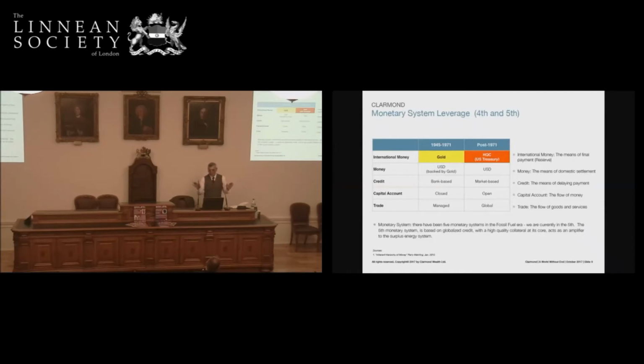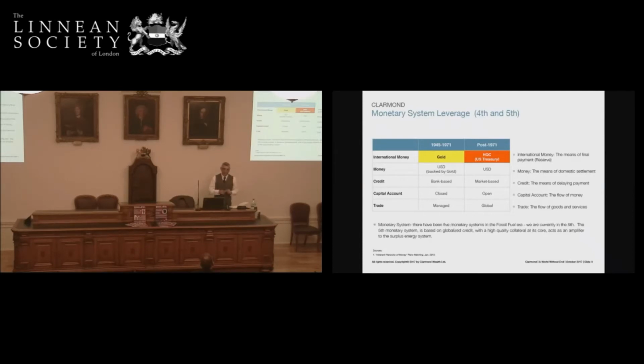It was accepted everywhere, and it was your final means of payment. International money is your final means of payment, and there's usually one. We can go back: it used to be the pound in the early 1900s. Today, it's the dollar. What I've put in there is the US Treasury. That's international money. That settles all final trades.